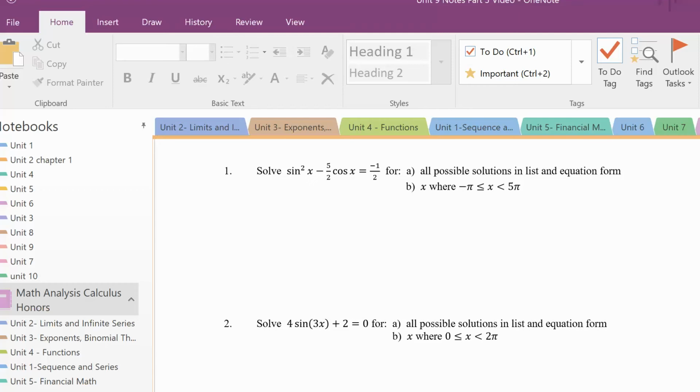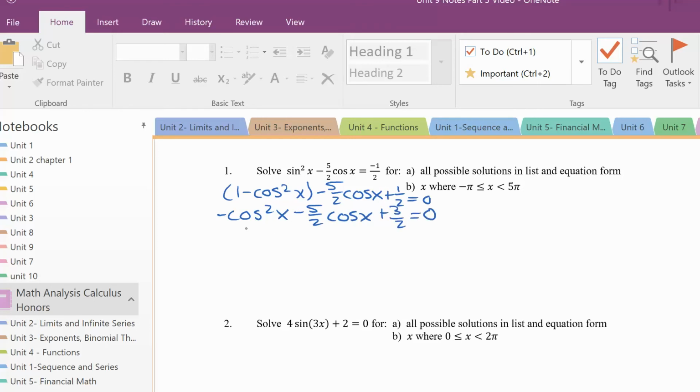All right, so the first one, number 1 here, we'll look to substitute in, so we can make this 1 minus cosine squared minus 5 halves cosine plus 1 half equals 0. So we make it negative cosine squared minus 5 halves cosine. 1 plus 1 half is 3 halves.